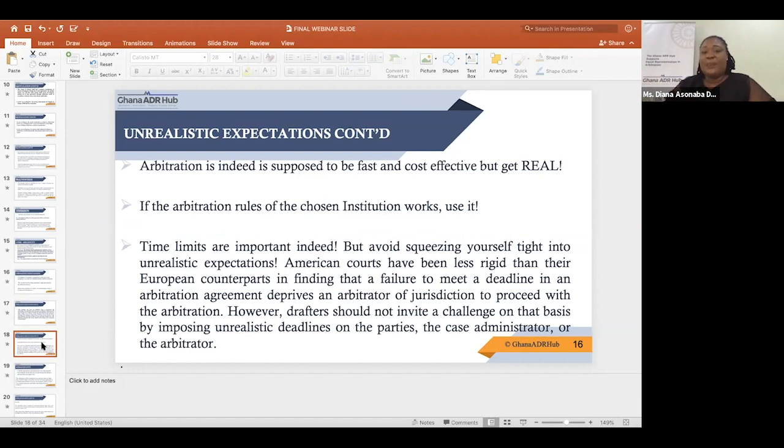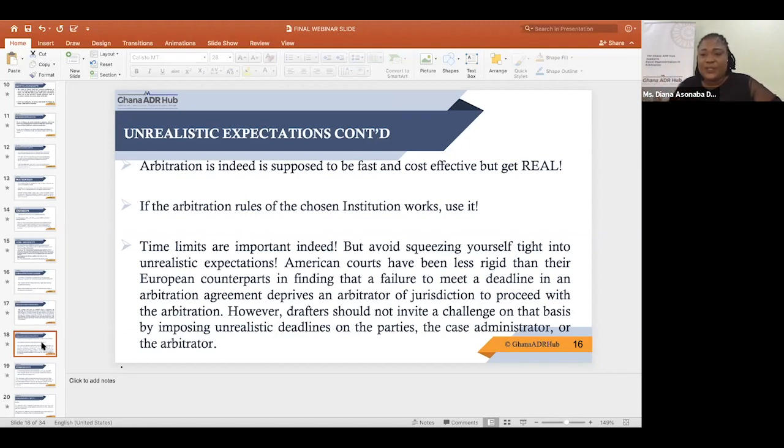Now, usually the arbitration rules of the chosen arbitral institution should work, and you should use them. For instance, you can adopt the arbitration rules of the Ghana ADR Hub, of the LCIA, of the MCIArb, the Chartered Institute of Arbitrators.